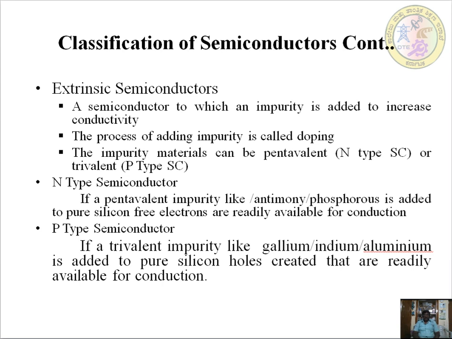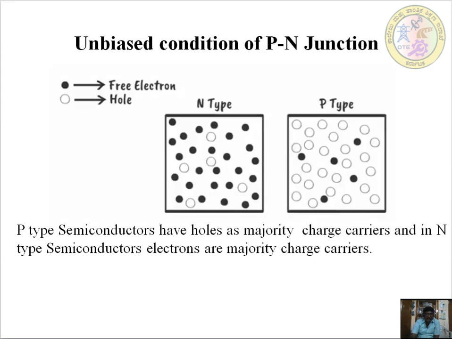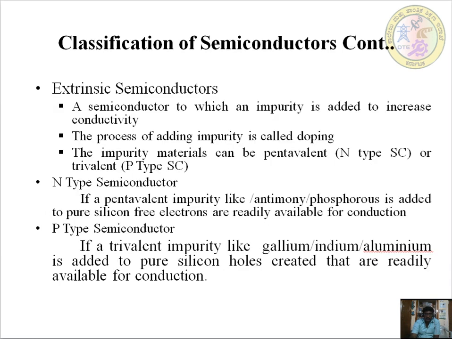In p-type, if a trivalent impurity like gallium, indium or aluminum is added to pure silicon, holes are created that are readily available for conduction. So this is the n-type and p-type semiconductor. In extrinsic semiconductors, we add impurities, whether pentavalent or trivalent.